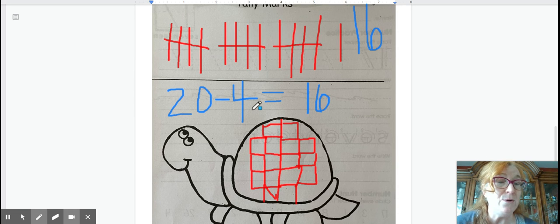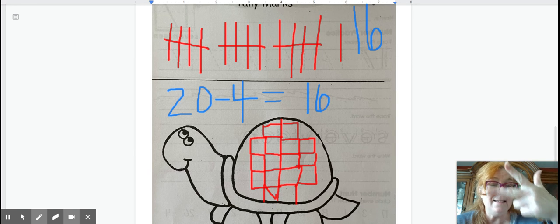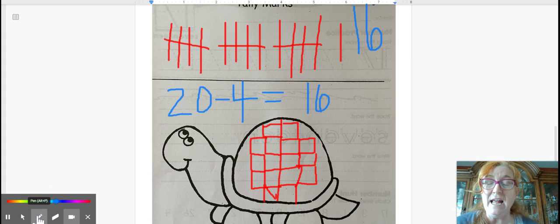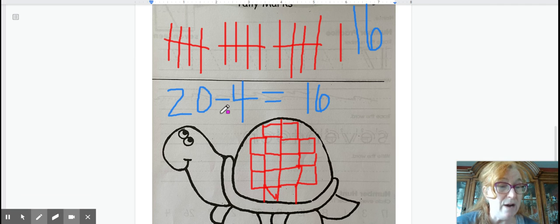So one way to do subtraction is to start with the big number, 20, and count backwards down the number line. So if I start at 20, I can go 19, 18, 17, 16. So if I count back 4 spots on the number line, I end up at 16. Okay, so 20 minus 4 equals 16. So I'm challenging you today to try to come up with some number problems that might include subtraction.